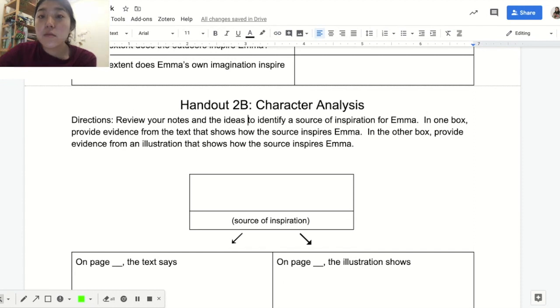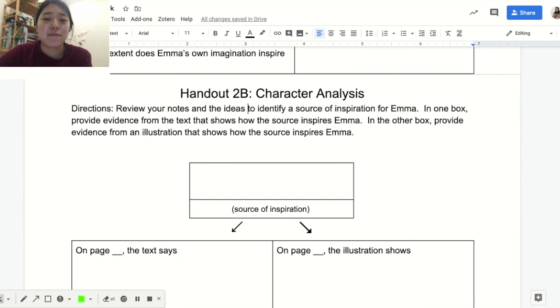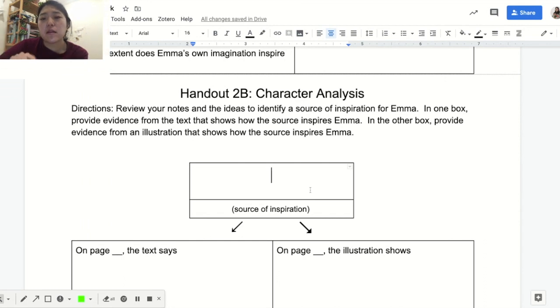So there can be many sources, right? There's not one specific source of inspiration for Emma, but I actually listed 4 up here, right? So I want you to pick the one that you think is the most inspirational for Emma, or pick the one that you want to write about and you know you can find evidence for, right? That's super important.